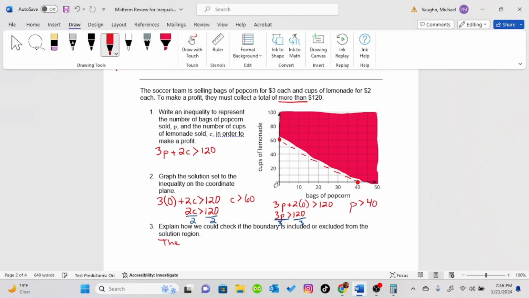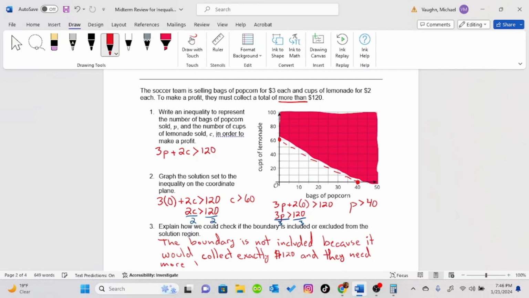So the boundary is not included because it would collect exactly $120, and they need more than $120.